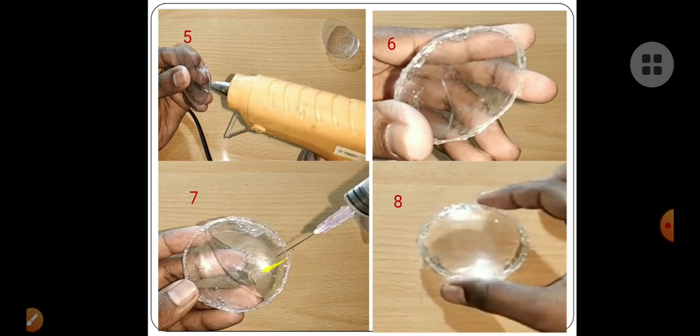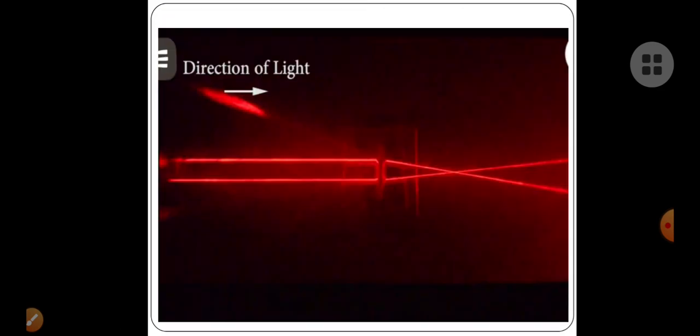And then after filling the water, finally we paste it again. So in step number 8, you can easily see that a lens made of plastic and water is ready with us. Now we can perform the practical with the help of this lens.